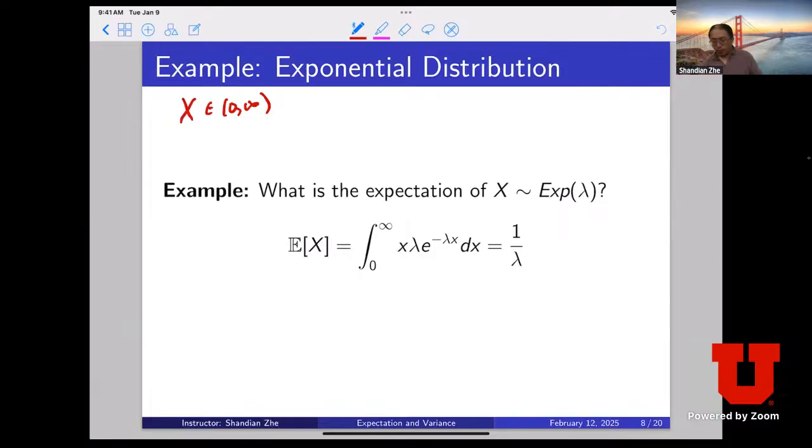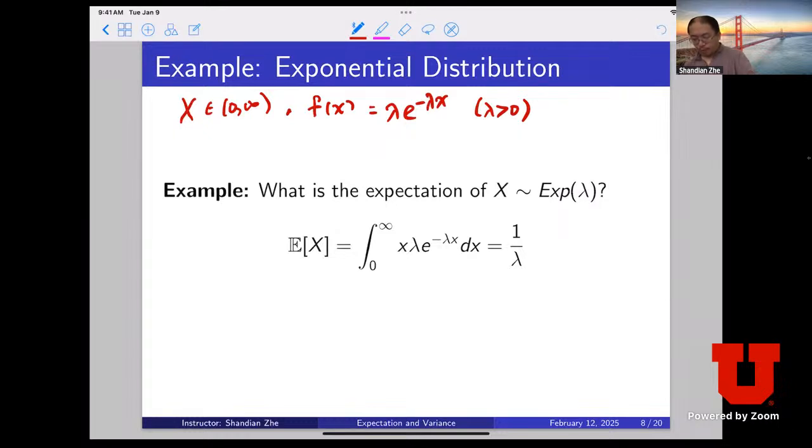The PDF of an exponential random variable is lambda times e to the power of minus lambda x, where lambda is a parameter bigger than 0. This is just a fact; we don't need to ask why.